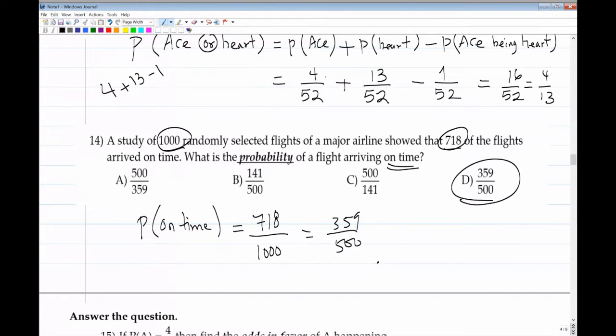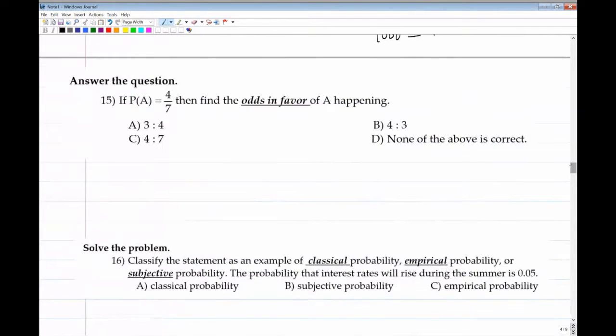Because if we have 1,000 in total and I subtract 718, so 1,000 minus 718, then 282 are late. They will not arrive on time. Then we'll divide that by 1,000 to find the probability. But it depends on the question, whether they ask if they will arrive on time or the opposite.